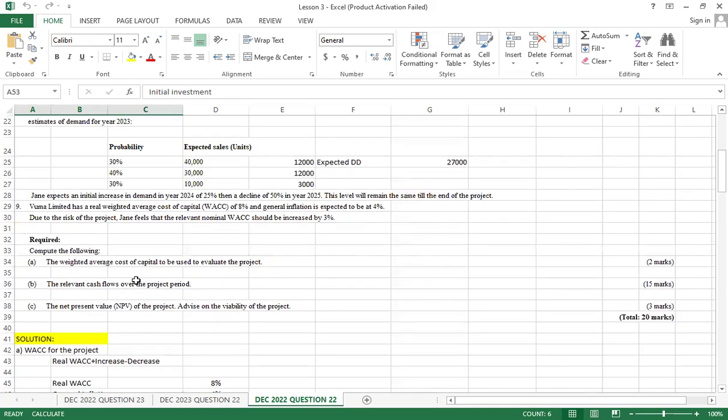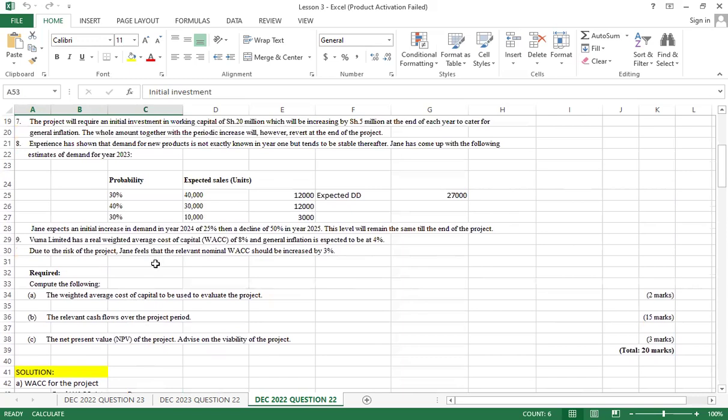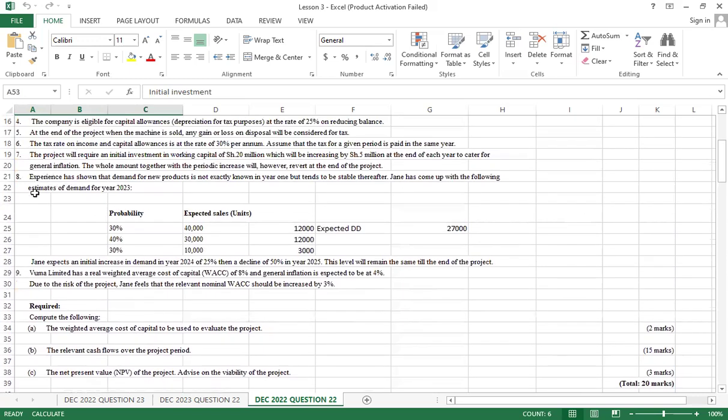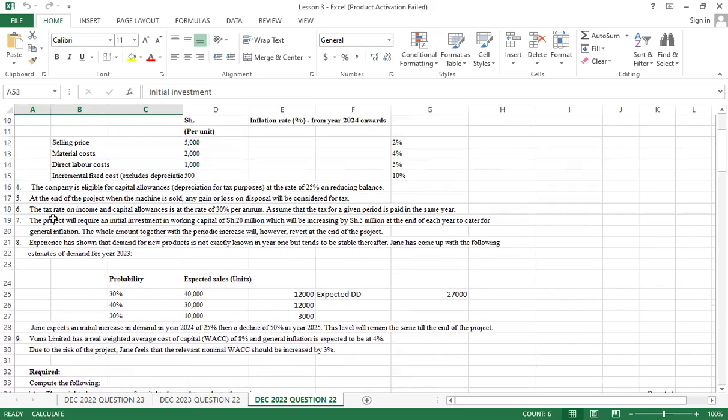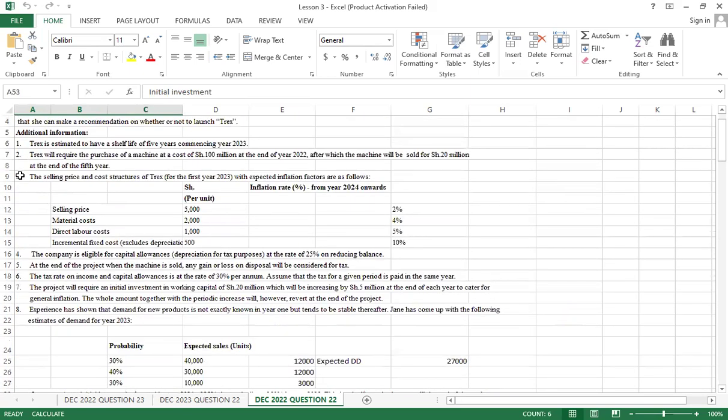Let's look at note number 4. I think we had looked all the way to note number 3. And what does the question say in note number 4?